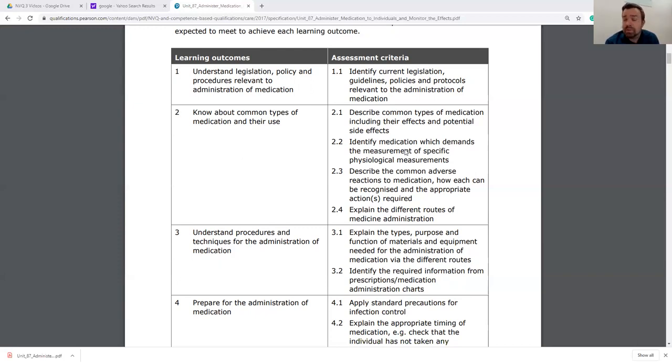Side effects of those could be dehydration, the feeling of sickness or nausea, and the potential side effects could be suicidal thoughts or depression. So here you need to list the types of tablets for pain relief, constipation, physical health, mental health. List a couple of the medications and then list some of the side effects.